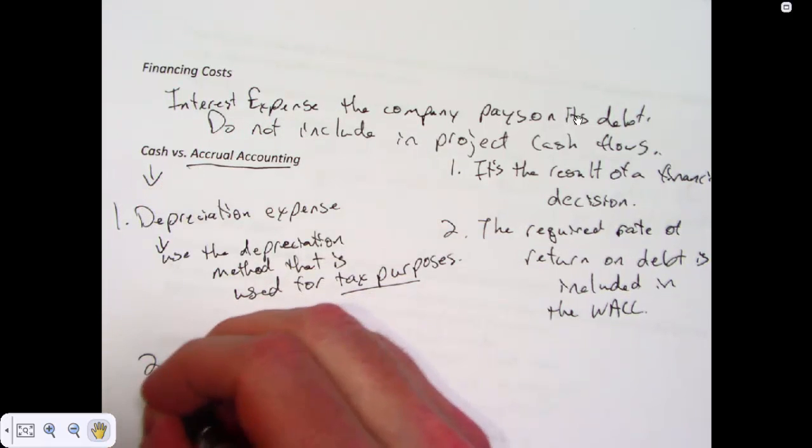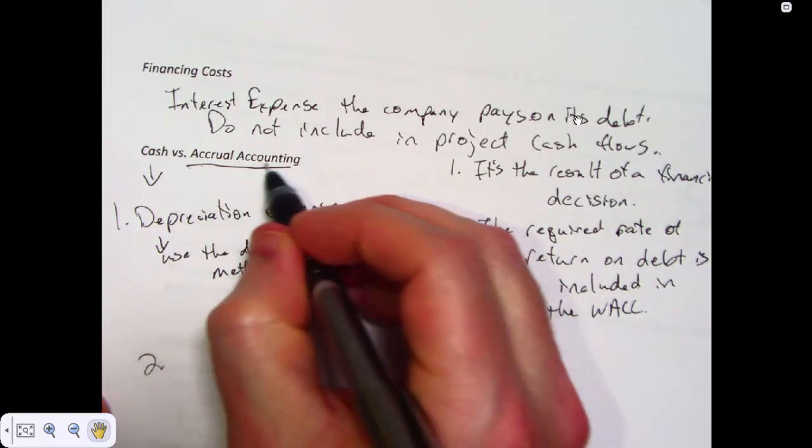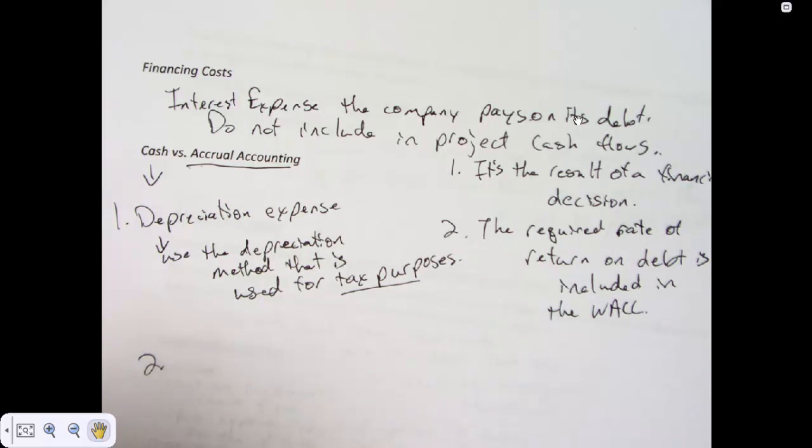The second place is when we have an asset that we sell off at the end of the project. Let's say we buy a big piece of equipment, and at the end of the project we can sell that off. This is just a nitpicky thing, but I've had accountants bring it up to me before.